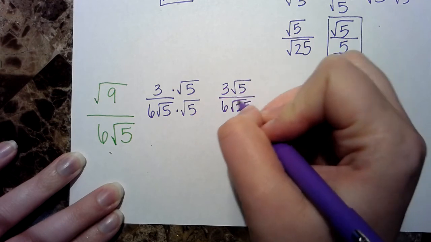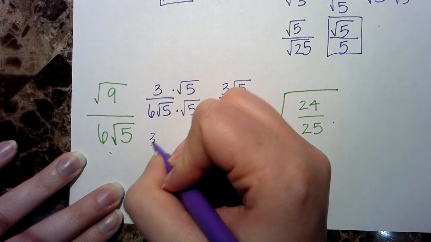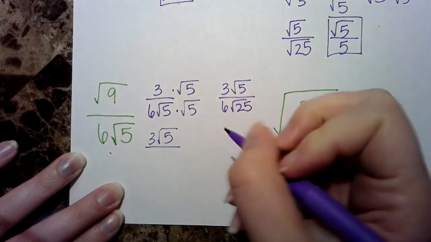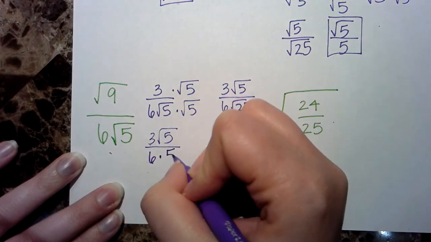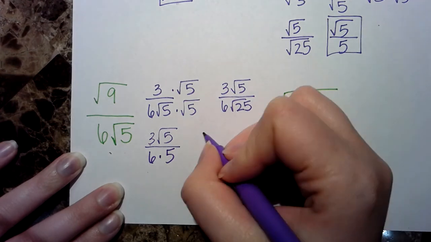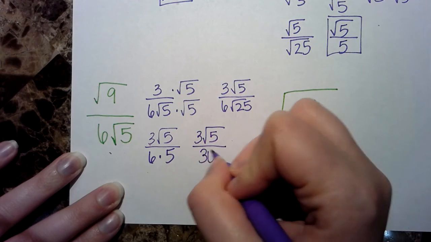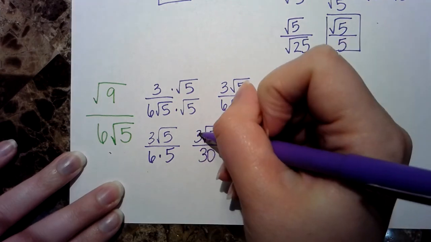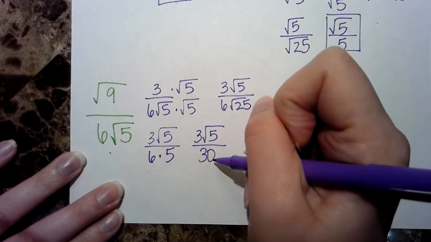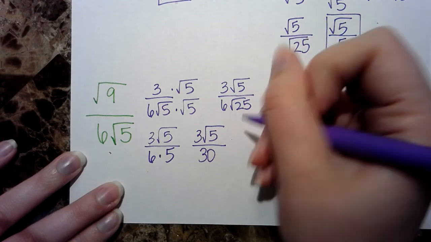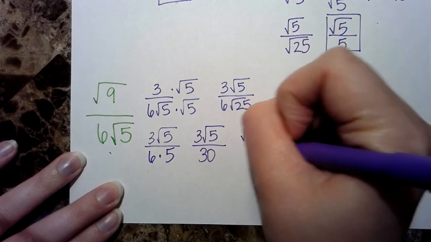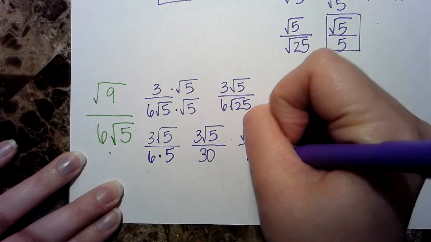I'm going to simplify this square root of 25, so I'm going to have 3 square root 5 over 6 times 5. 6 times 5 is 30. I'm going to see if I can simplify 3 and 30, and I can. They both have 3 in common. So it's going to be the square root of 5 over 10.